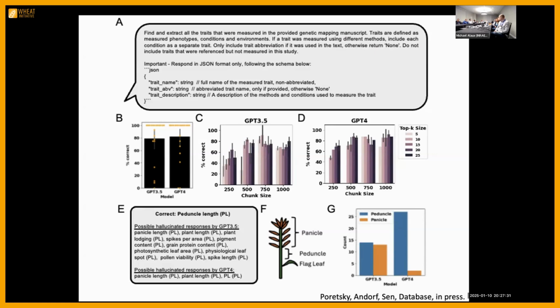For those like me who do these studies, the peduncle is that little area below the panicle, which is different. We forced GPT to hallucinate, but GPT-4 captured the peduncle very nicely. You can see that, not GPT 3.5 but 4, was good at getting the positive counts. That was impressive for us.